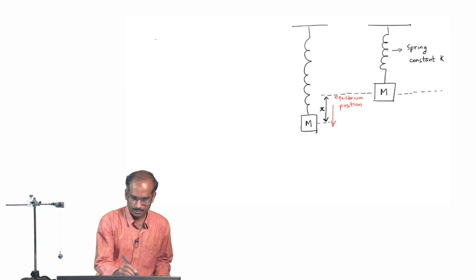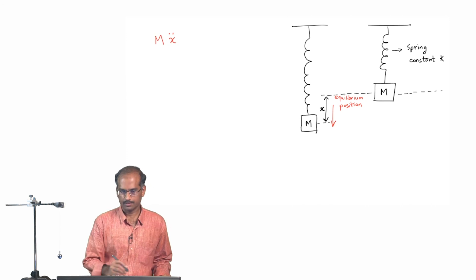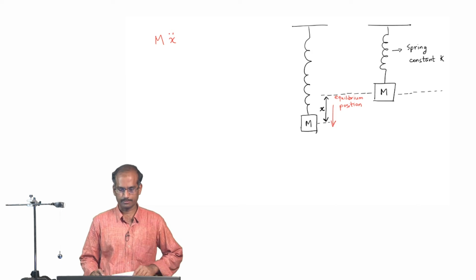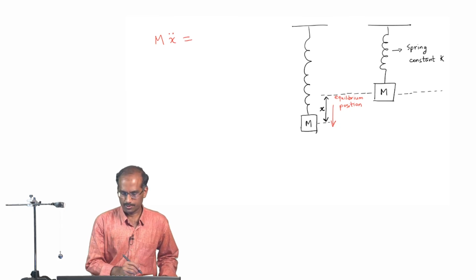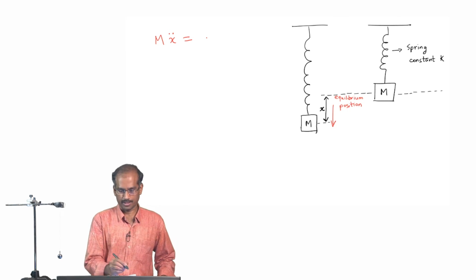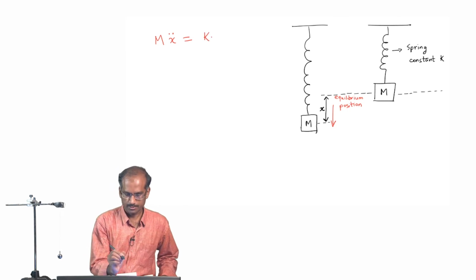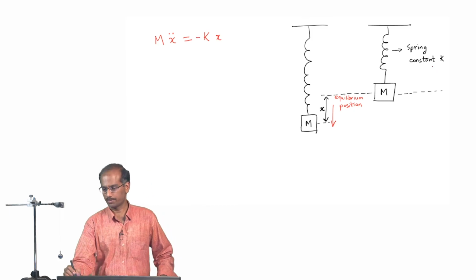Here again we can write an equation. Once again it is mass times d square x by dt square, which I write as x double dot, and that is proportional to displacement with a minus sign, and the constant here is k, and this k is the spring constant.